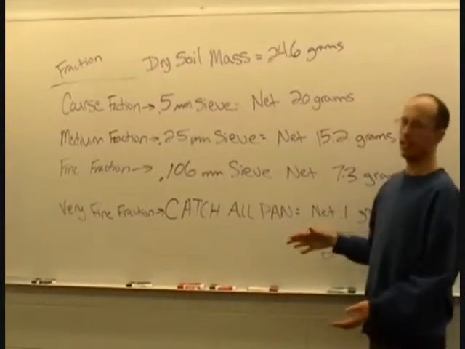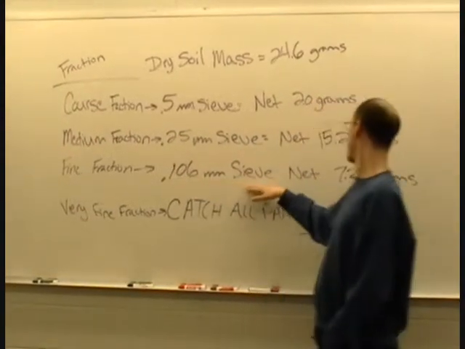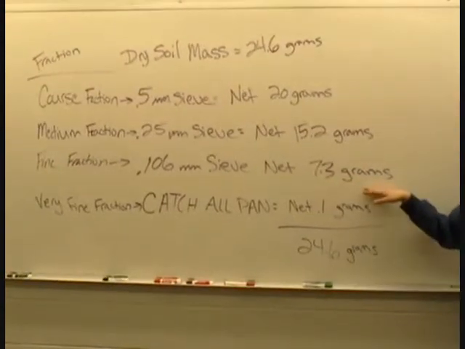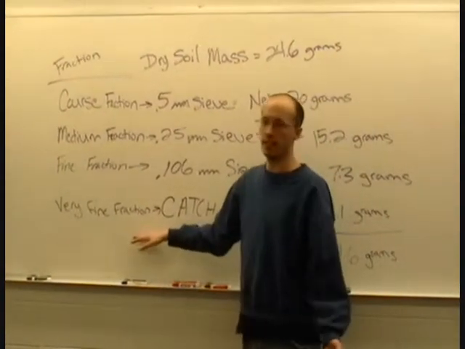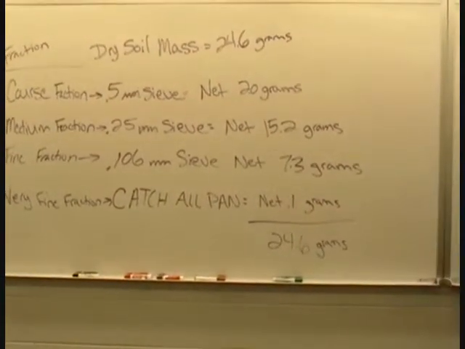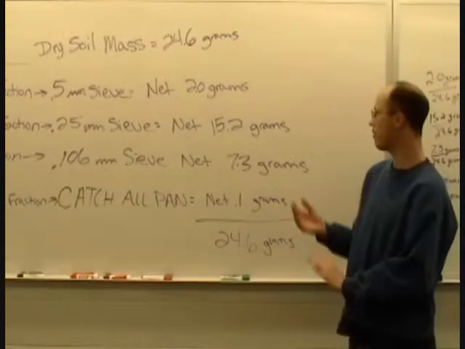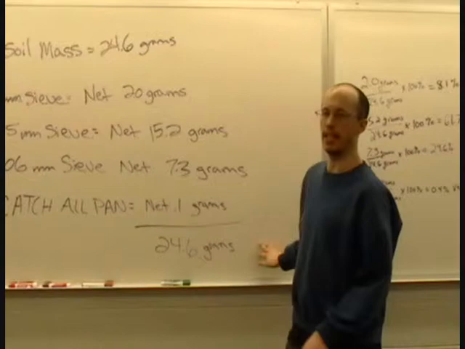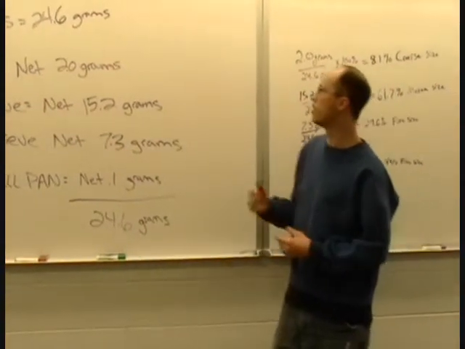For the fine size fraction, the 0.106 millimeter sieve, the net weight was 7.3 grams. And then finally, for the catch-all pan, the very fine fraction, the net weight was 0.1 grams, giving us a total of 24.6 grams.